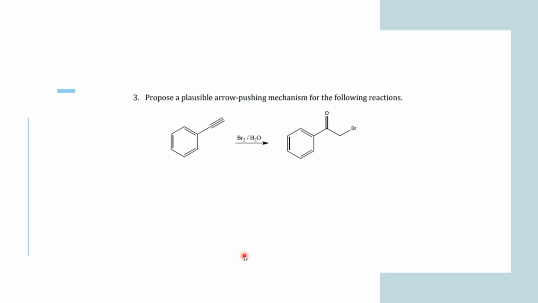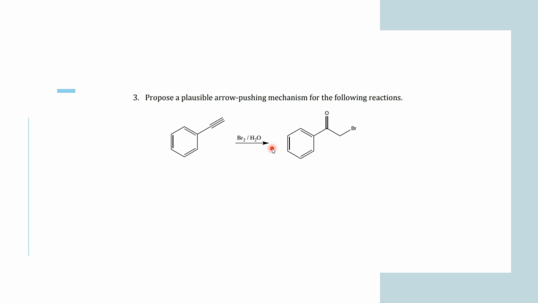Propose a plausible arrow pushing mechanism for the following reaction. You are treating this terminal alkyne with bromine water. First, you have to know what the product will be and how it will form.